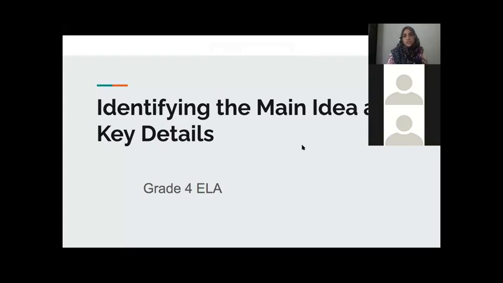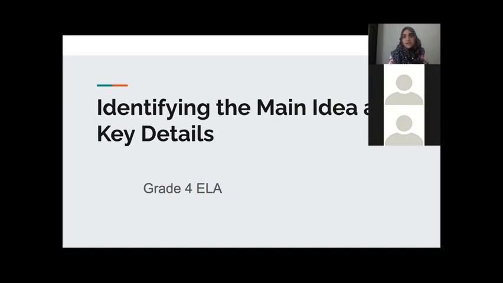What does it mean to identify the main idea? Anybody want to answer? So when we're identifying the main idea in a passage, we're trying to find it. We're trying to locate it in a passage. That's really important because things can be anywhere, right?